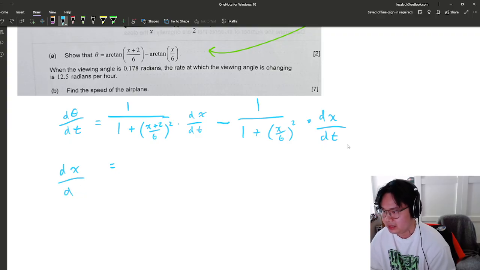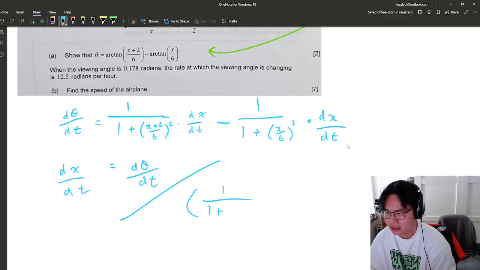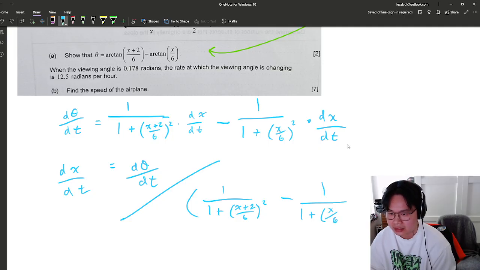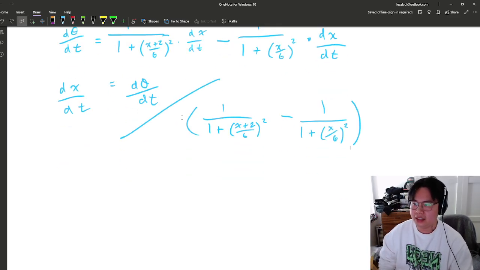So dx dt is going to be d theta dt, how fast the angle is changing, divided by this stuff. So I factored it out and then I divided it over. This is pretty ugly, I'm gonna just leave it ugly, because we're just going to be plugging in values for x and d theta dt. And then we just calculate dx dt.